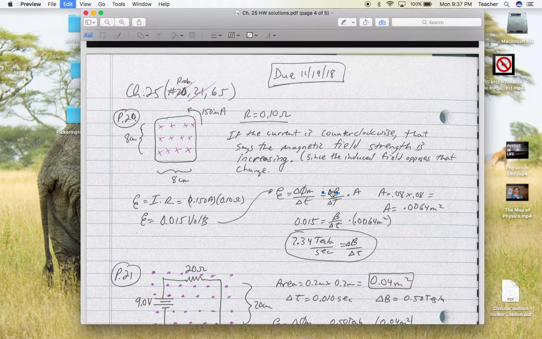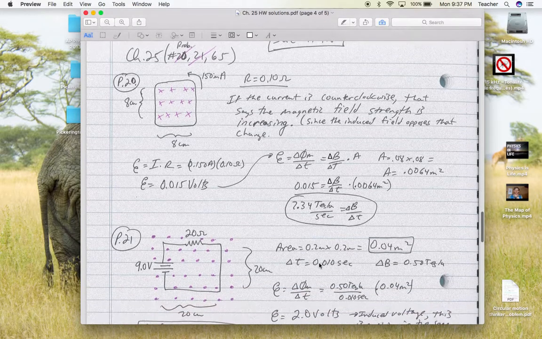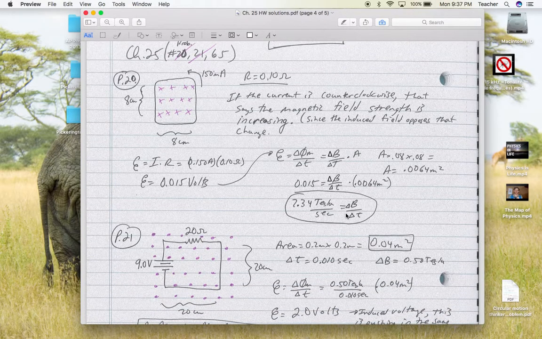I'm going to do that again because I screwed up twice. And so that's, I believe, 2.34 Tesla per second. I'm going to put it down there.